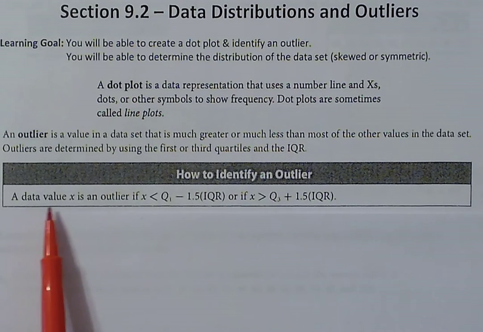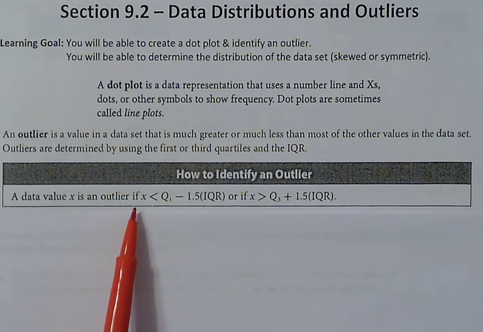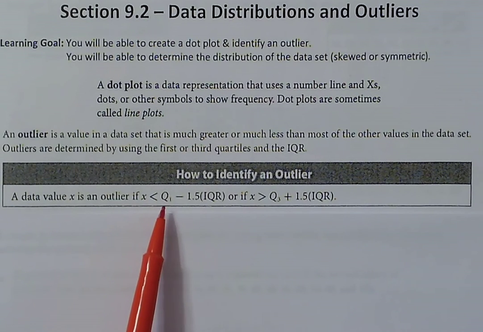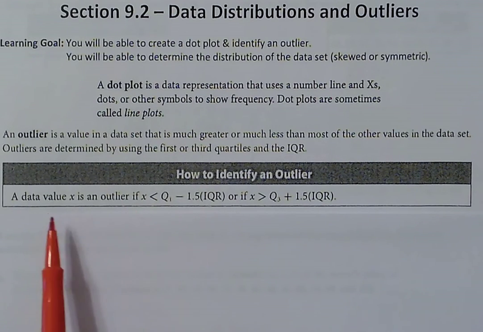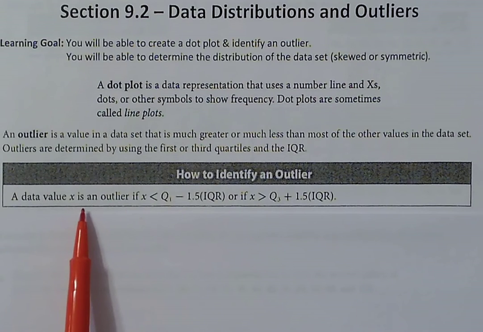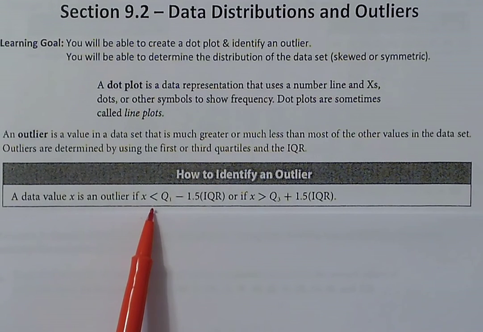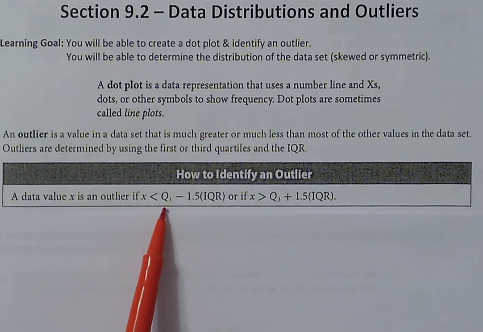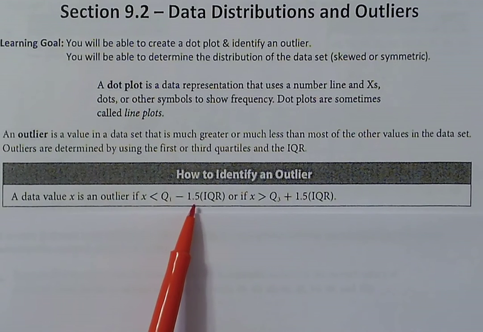So a data value x is an outlier if x is less than quartile 1, Q1, sorry. So we can determine if x is an outlier if x is less than the first quartile minus 1.5 times the IQR. So that's the interquartile range.